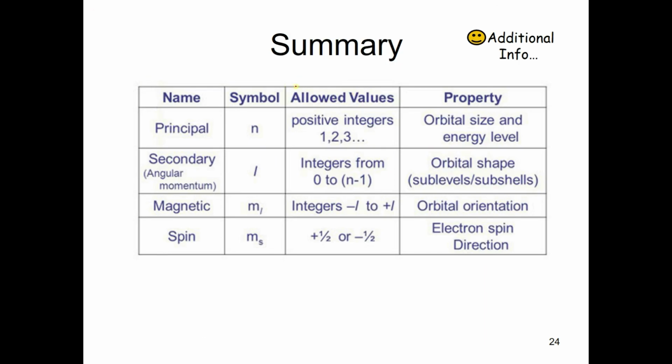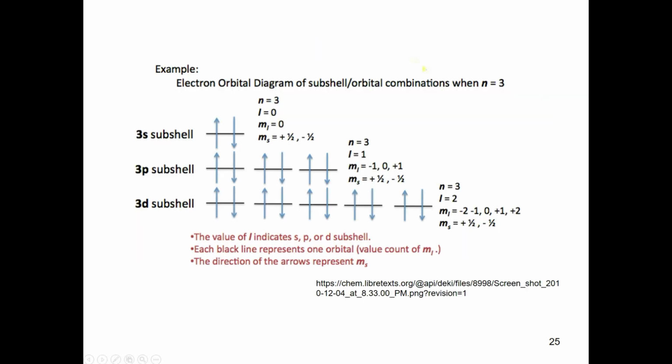This is the summary of the quantum numbers, where we define an electron in the atom based on n, L, ml, and ms. This is the allowable value, and this is the property shown by each quantum number. This is the example when you have n equal to 3.